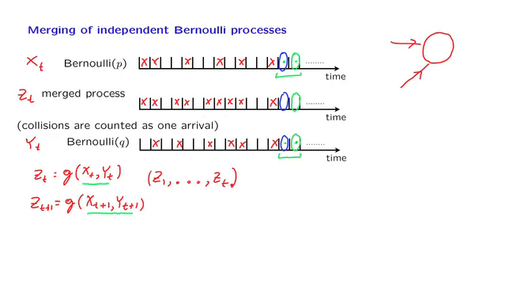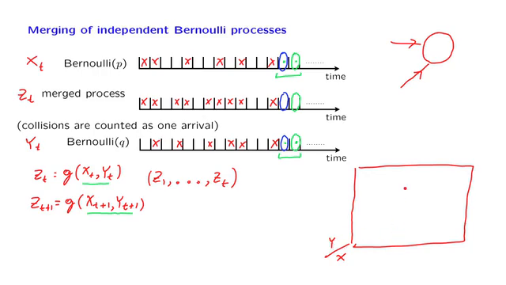Now let us calculate the probability of an arrival during a typical slot. During a typical time slot, there are four possibilities for what may occur. And these possibilities have to do with whether in the X process we have an arrival or not, and in the Y process whether we have an arrival or not.